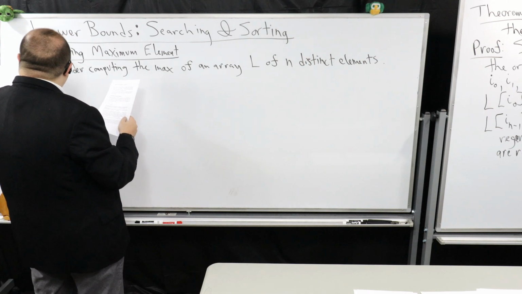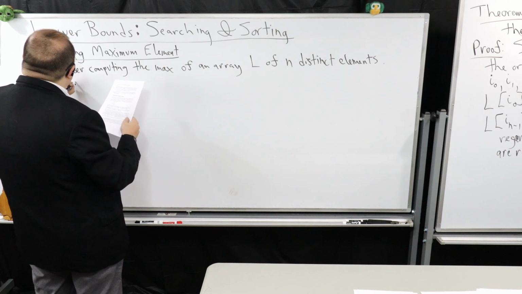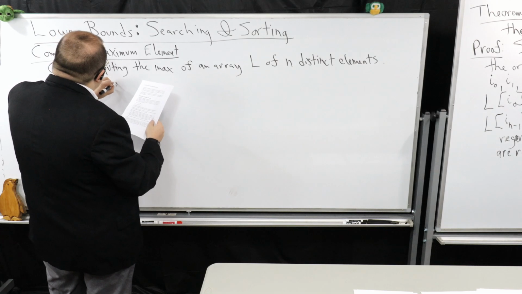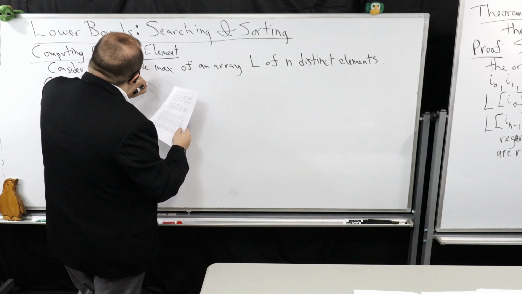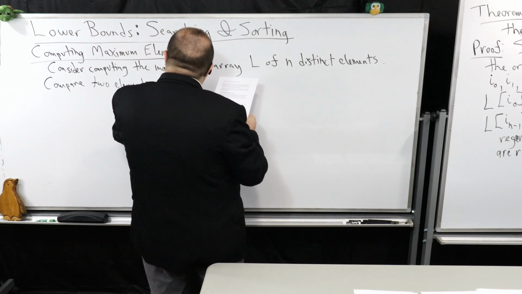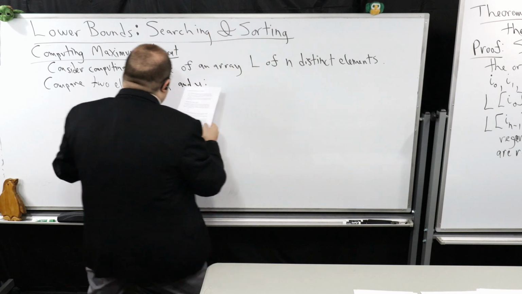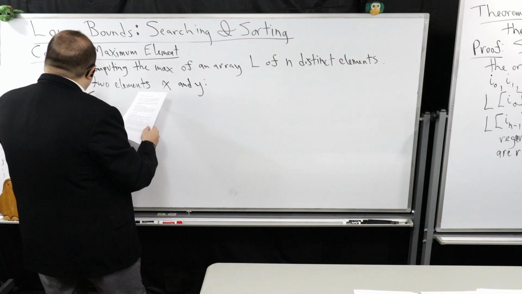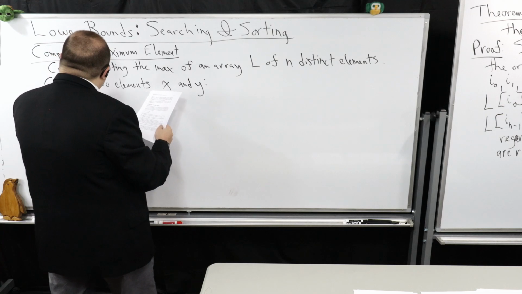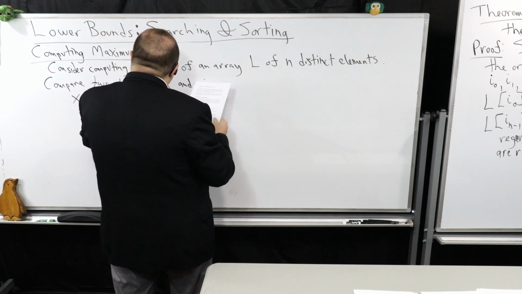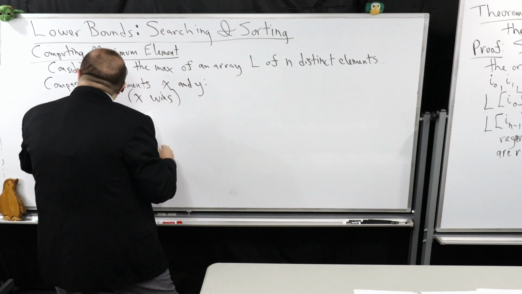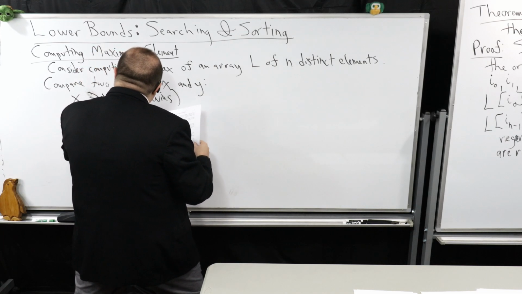So I can compare two elements, x and y. If x is greater than y, I could say that x wins. And if x is less than y, then x loses.